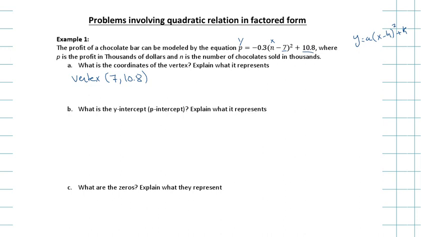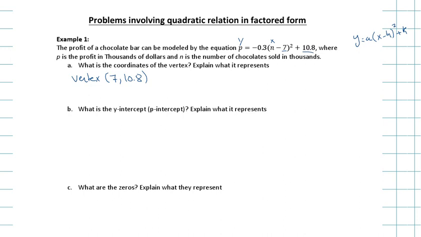And what does that profit represent? Is it your minimum profit, your zero profit, your maximum profit? It does represent the maximum profit because it's the vertex. Okay? So if you sell 7,000 chocolate bars, they're going to make a maximum profit of 10,800. So this is the maximum profit they're going to make, and they're going to make it when they sell 7,000 chocolate bars.